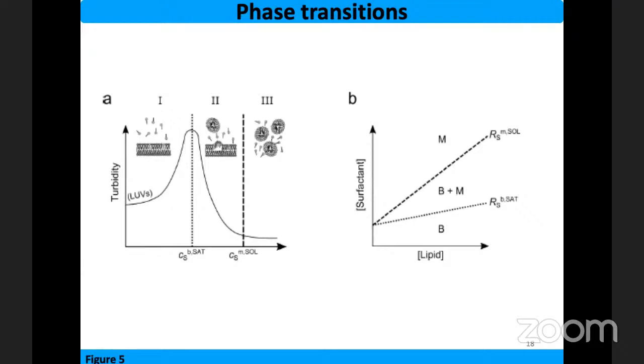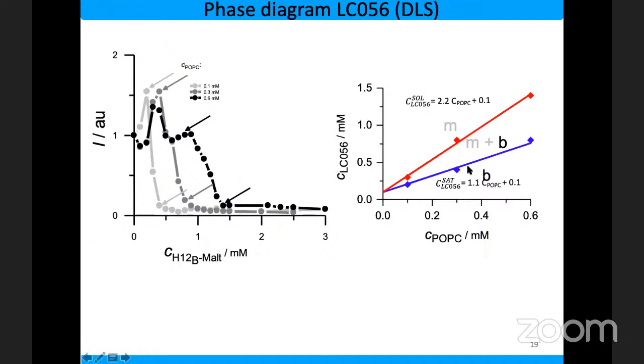And now we have the complete solubilization stage where we have only the micelle and the free surfactant monomers. From here, you can calculate your saturation point. You can also calculate your transfer free energies. You can also calculate your partition coefficient.